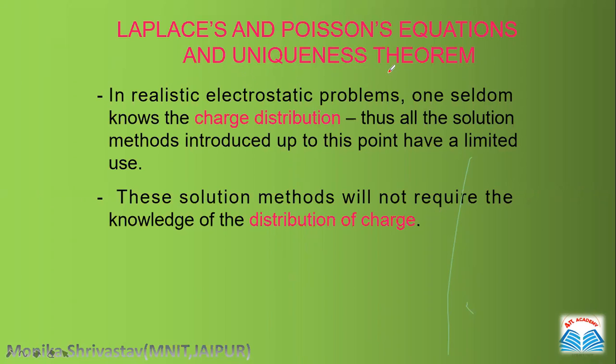So the uniqueness theorem is telling us that any solution of any problem in electrostatics has its uniqueness, meaning a problem in electrostatics always has a unique solution. There may be different ways of solving any problem, but the answer is always one, and that answer is unique.